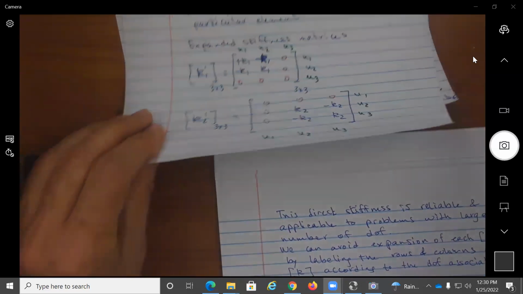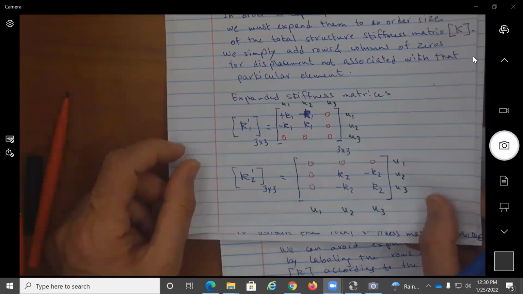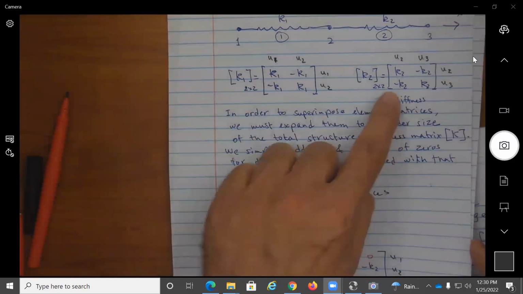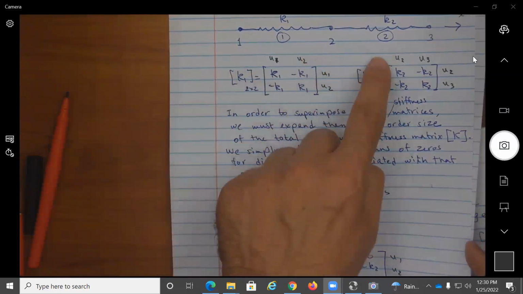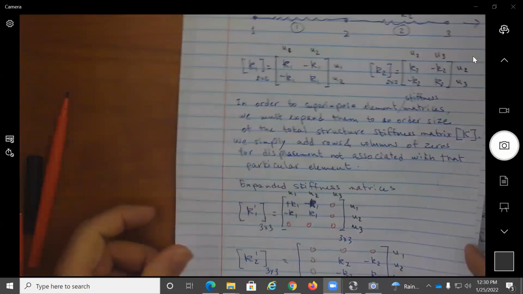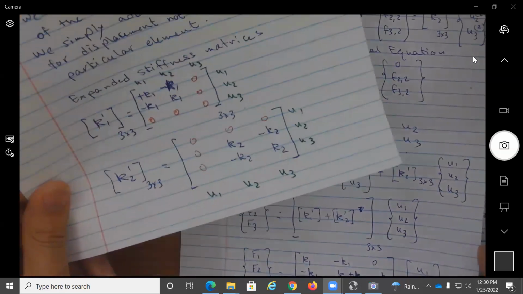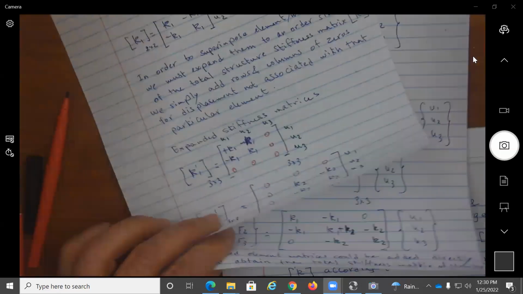What does that mean? If I come here to this problem, and instead of having to expand the stiffness matrix, I would label the row and column according to the degree of freedom associated with it. And then when I'm doing the superimposing, I don't have to worry about all the zeros like we did here.